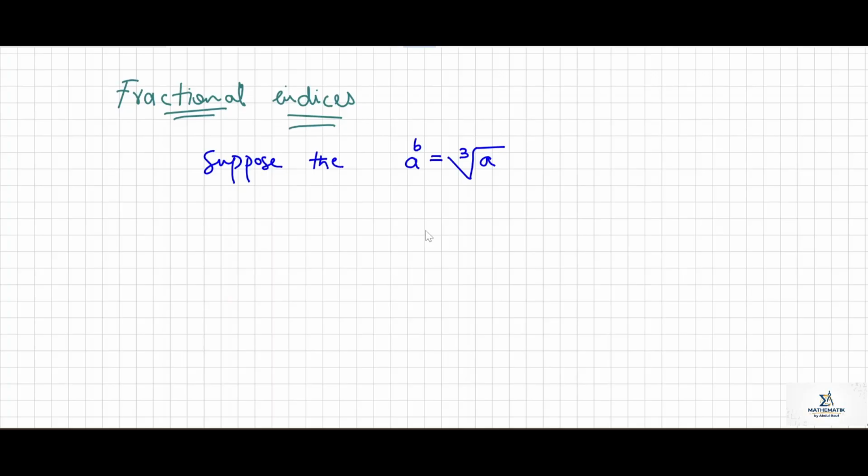So for finding the b, we have to cube both sides. So it's like this.